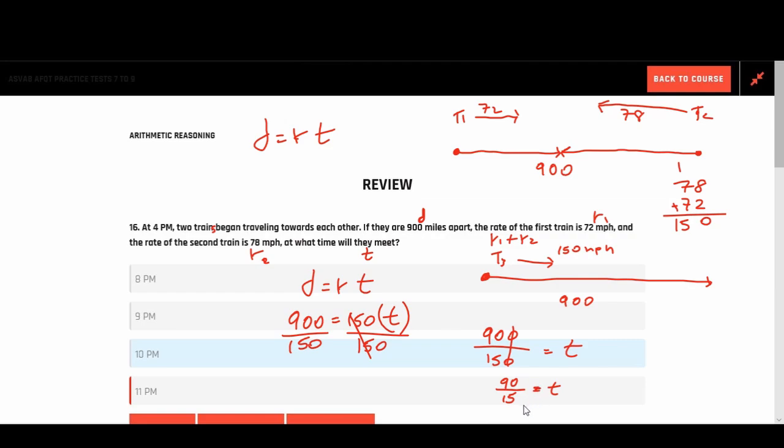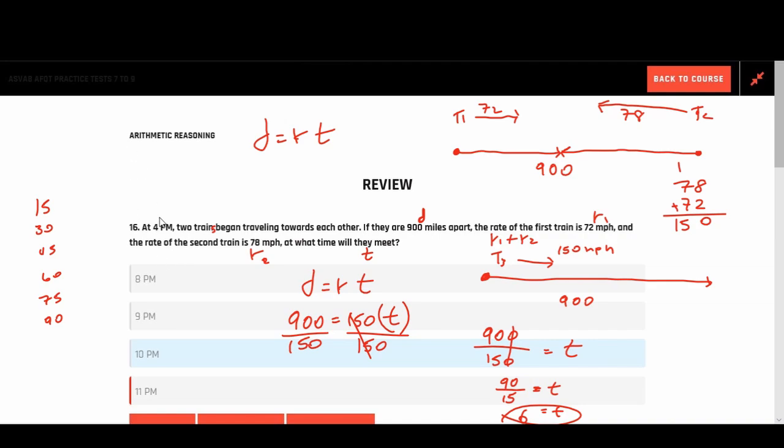If you can't see this, again, it's always good to know your multiples of 15. 15, 30, 45, 60, 75, 90. 90 divided by 15 is going to be 1, 2, 3, 4, 5, 6. So in other words, it takes these two trains 6 hours to meet in the middle.